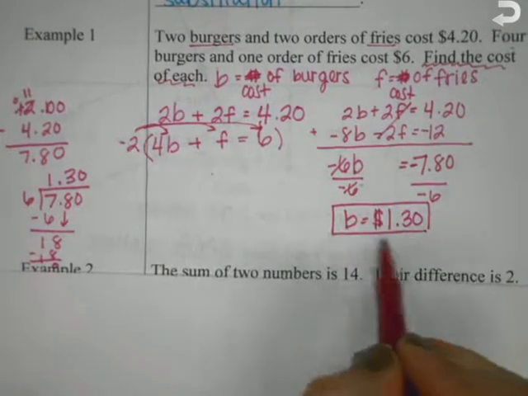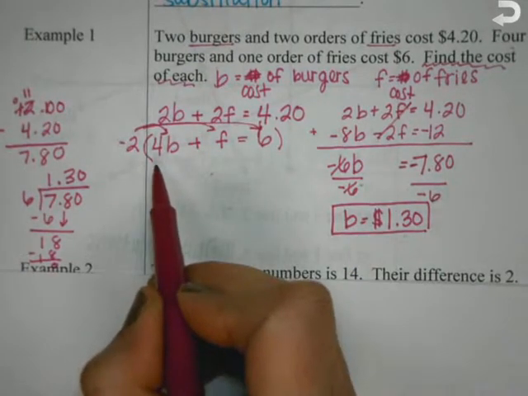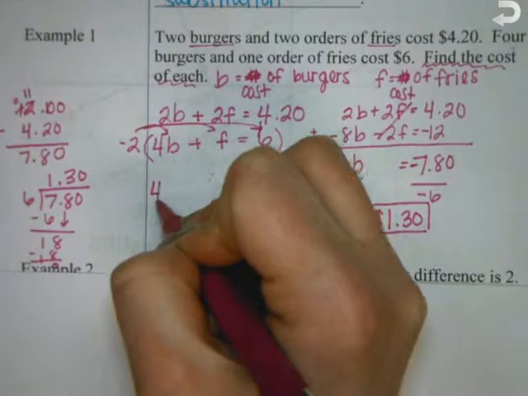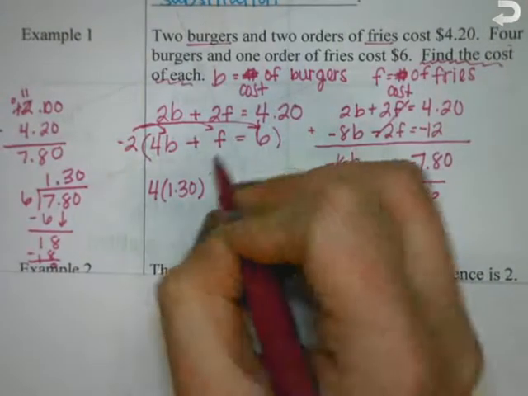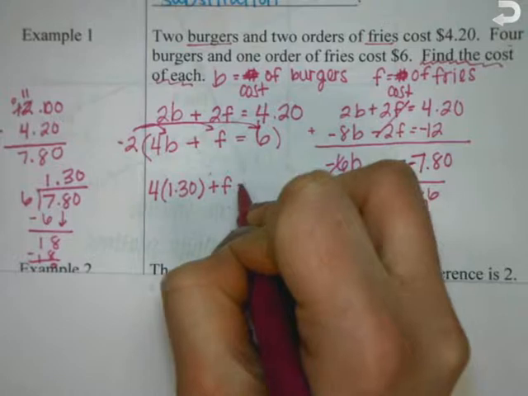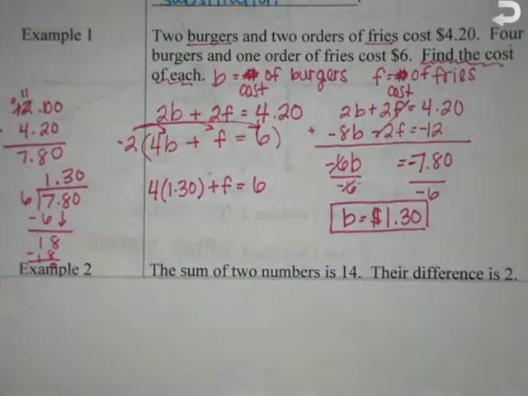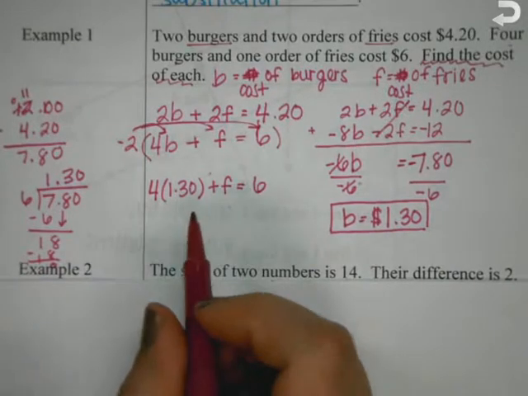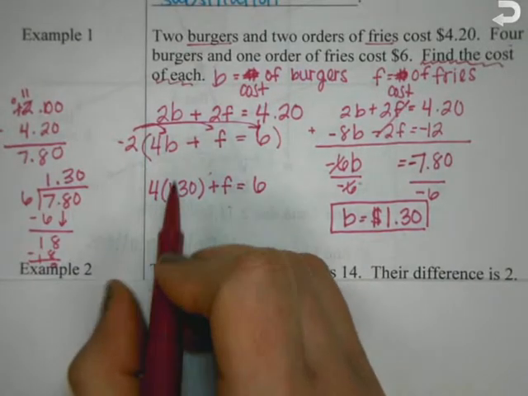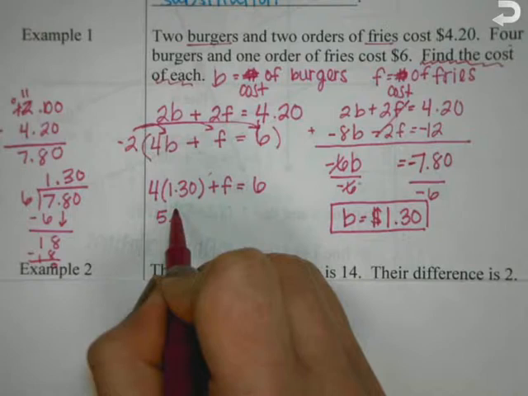So that's going to be 4 times 1.30 plus f equals 6. Okay, 4 times 1.30 gives me 5.20, plus f equals 6.